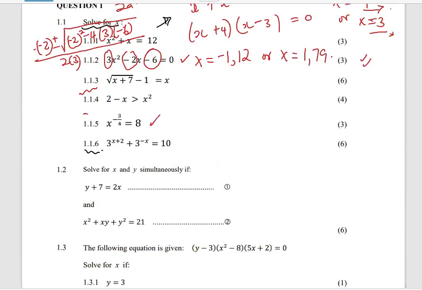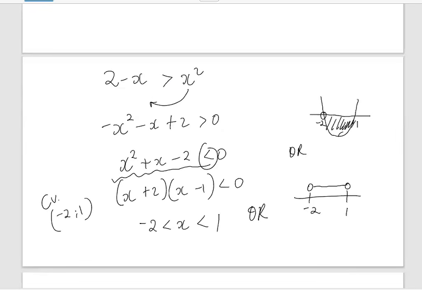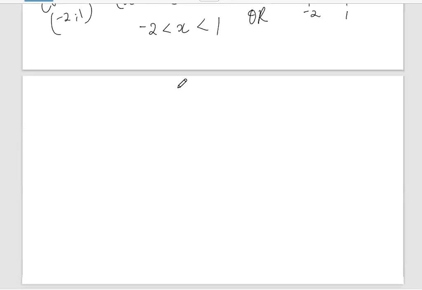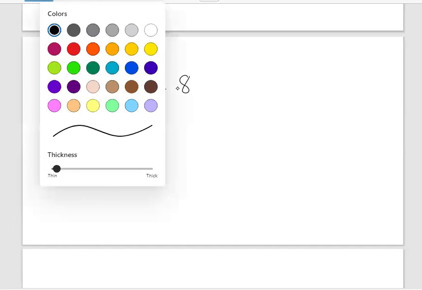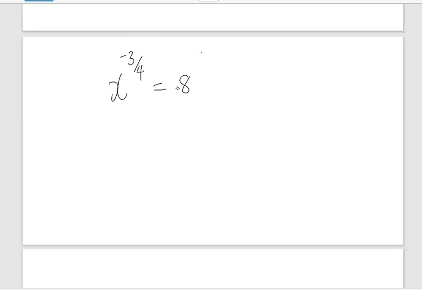Then 1.1.5, x to the negative 3/4 is equal to 8. So what we need to do here to eliminate the exponent on the x, we just need to multiply, because we know that this is exponent 1, but we can change it to a base of 2. So that x to the negative 3/4 is equal to 2 to the exponent of 3.